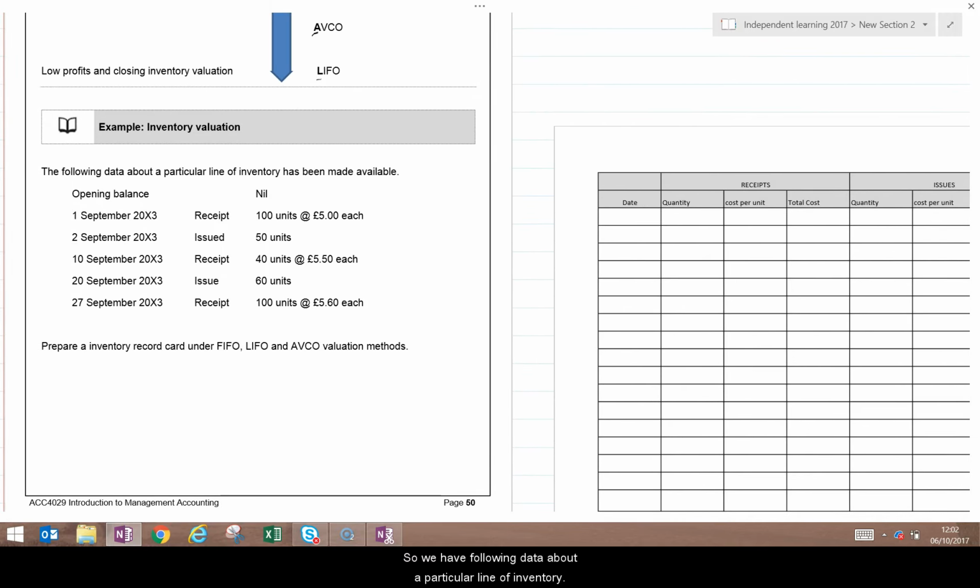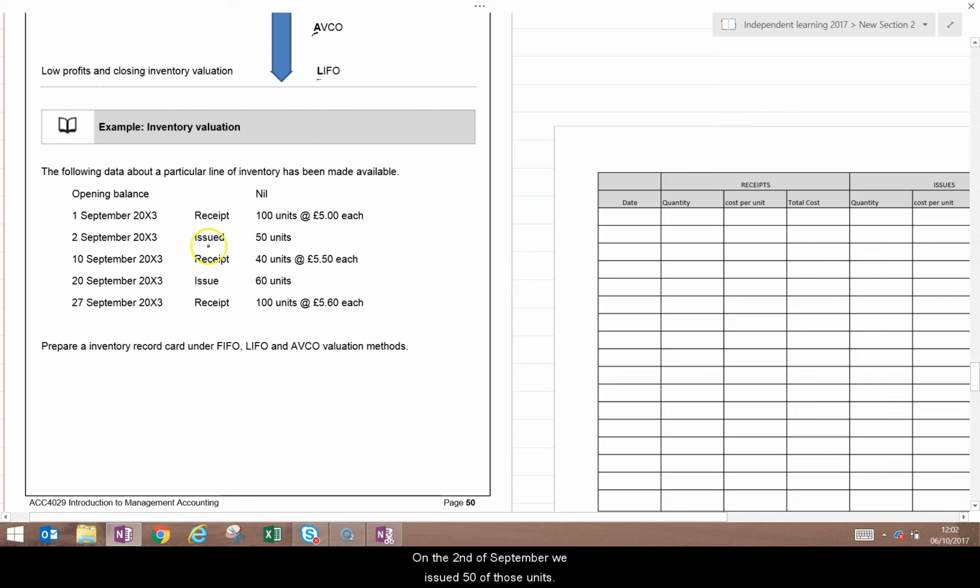So we have the following data about a particular line of inventory. Opening balance is nil. If there was an opening balance on your stores ledger card, you would write it in the balance columns. So we are then told that on the 1st of September we received 100 units and we paid £5 each.